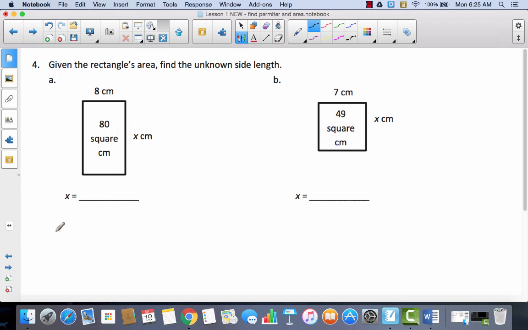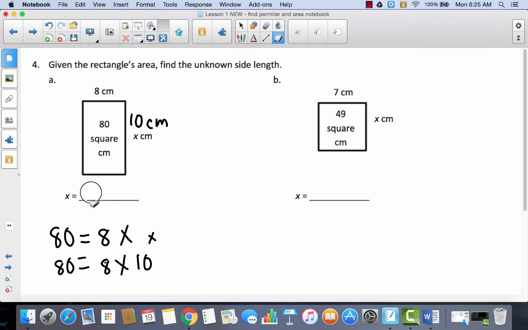So if 80, which is the area, is equal to 8 times whatever x is, then I've got to figure out what times 8 is equal to 80. Well, hopefully you said 10. That means that if this is 10 centimeters, then that would make the area 80 square centimeters. So x is equal to 10 centimeters.